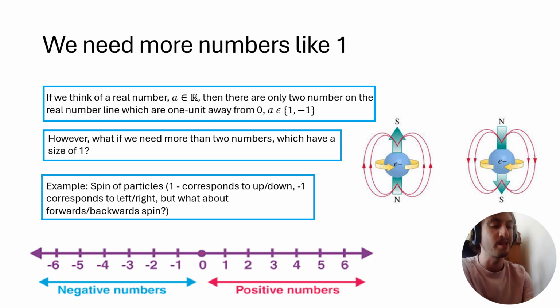Now, it's worth saying that if you go into the technicalities, we really represent spin using matrices, not numbers, but it still boils down to the idea that in the end, these matrices, called Pauli matrices, we can get two of them if we're considering 1 and -1, but to get the third Pauli matrix, which describes spin along our third axis, we need to start introducing imaginary numbers.